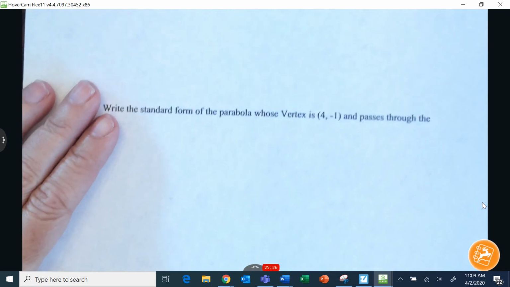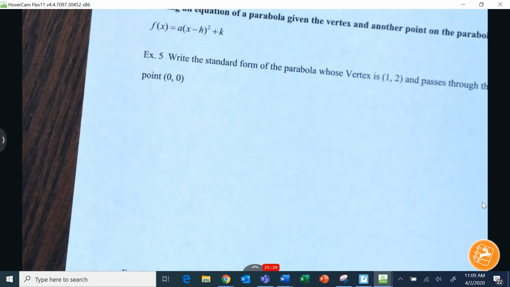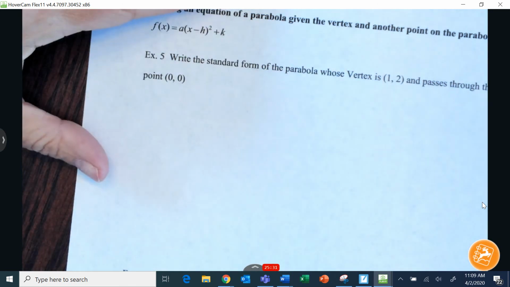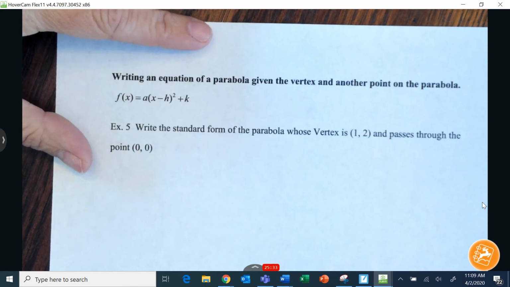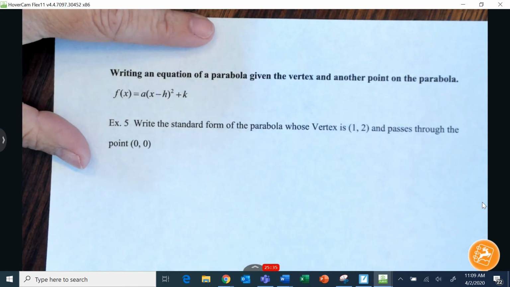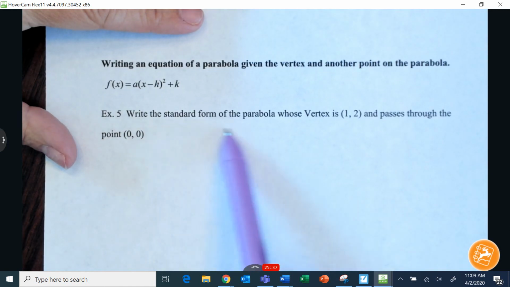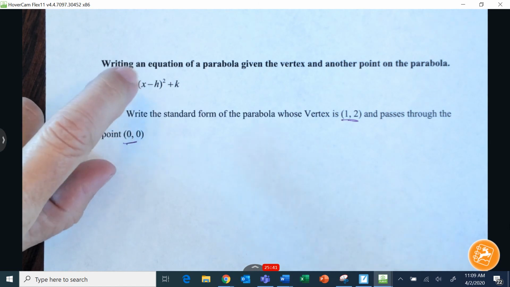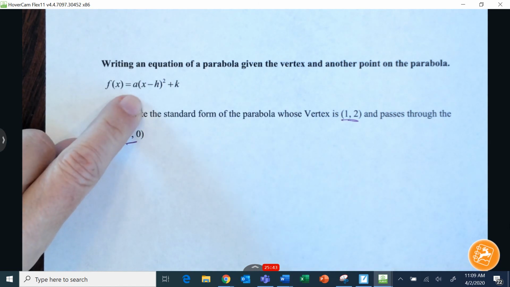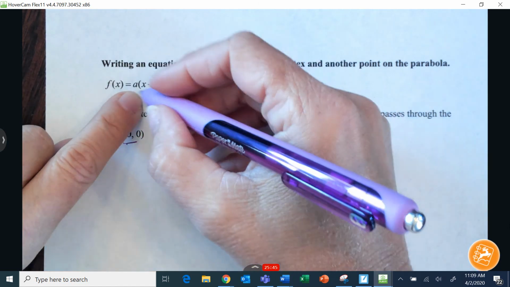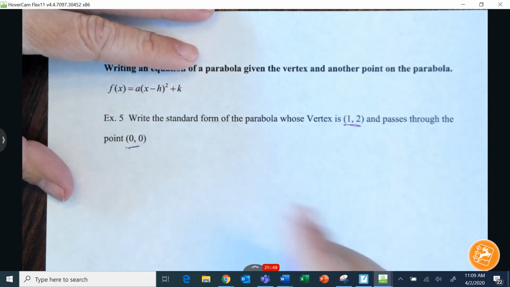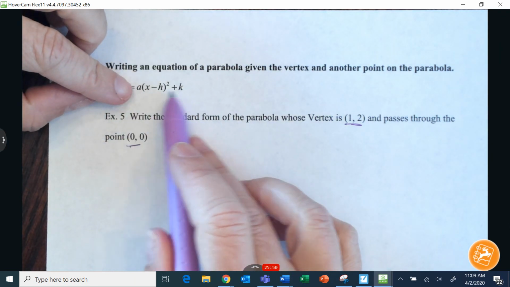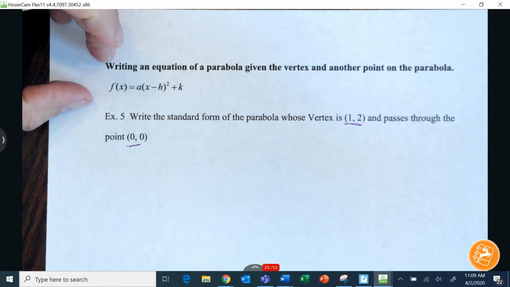All right, the very last part of these notes, writing an equation of a parabola given the vertex and another point on the parabola. So if we are given the vertex here and any other point, we can use this form to solve for what the a value is, because that's basically what they're not giving me. They're giving me x, h, and k, but they're not giving me a.